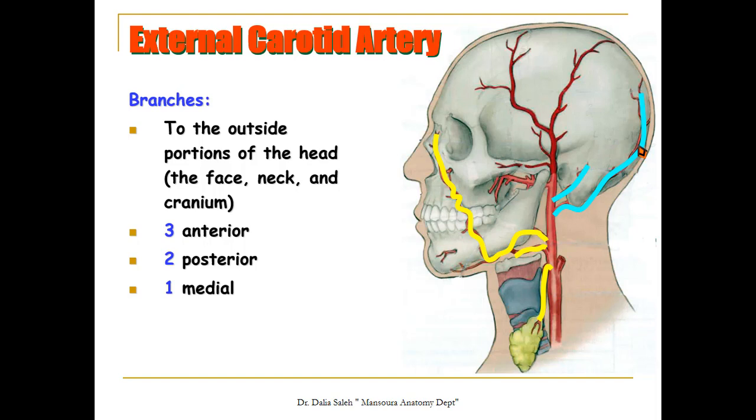It is called ascending pharyngeal. It goes upward on the side of the pharynx. That's why it's called ascending pharyngeal. And then the external carotid artery will give us two terminal branches at the level of the neck of the mandible, the superficial temporal, the one that goes upward, and the maxillary artery that will go towards the maxilla.